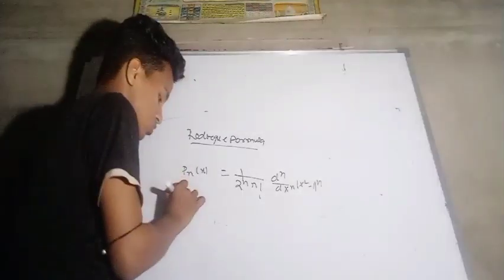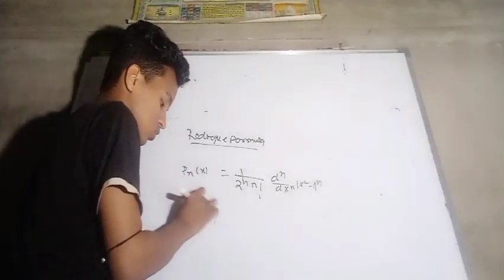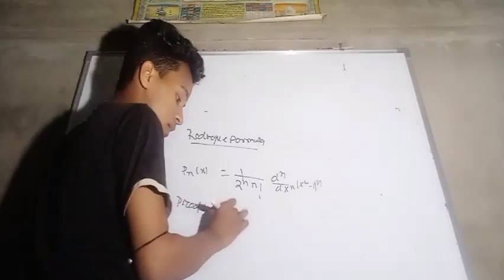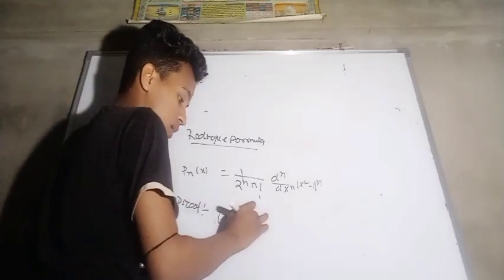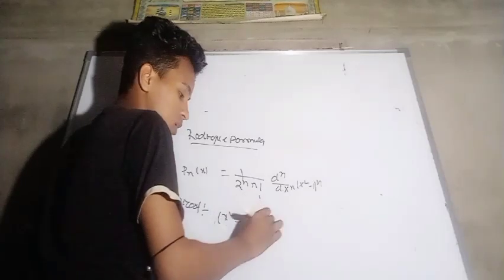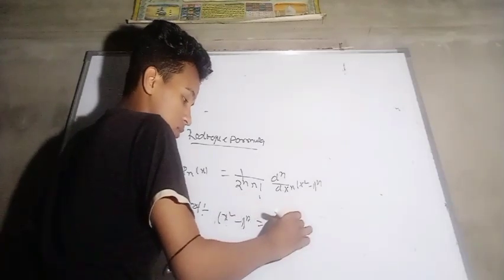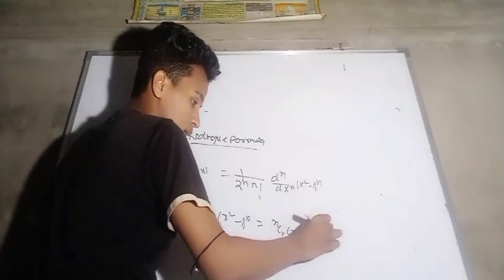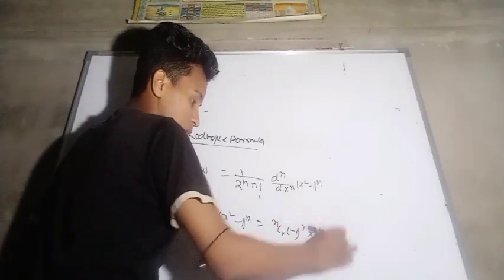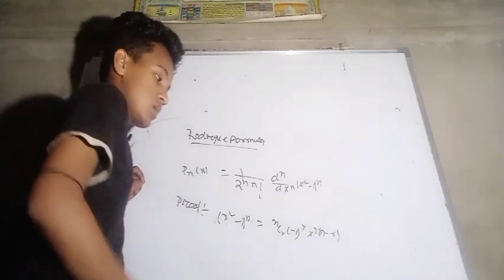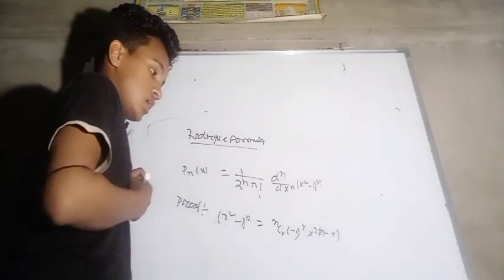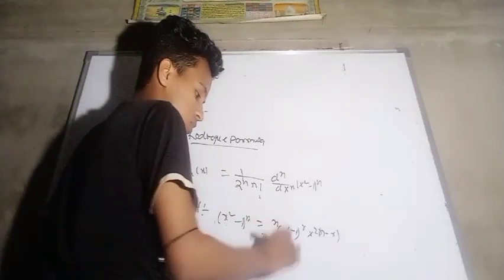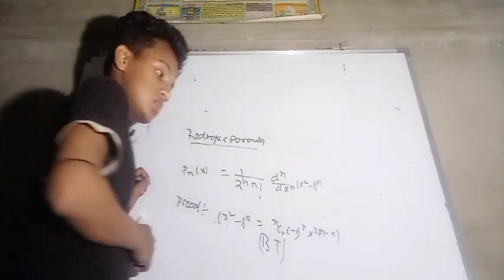Okay, so proof. We are going to prove it. We know that (x+1)^n equals the sum of nCr x^(n-r), from the binomial theorem. We know this.